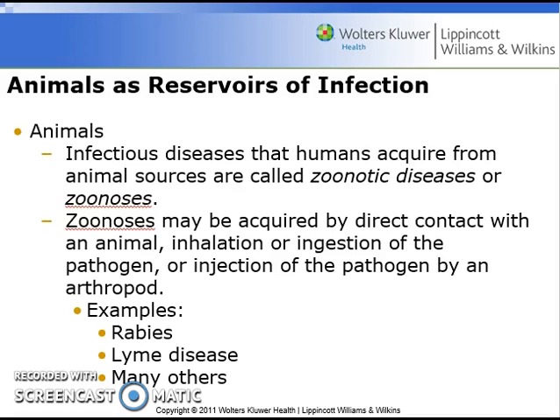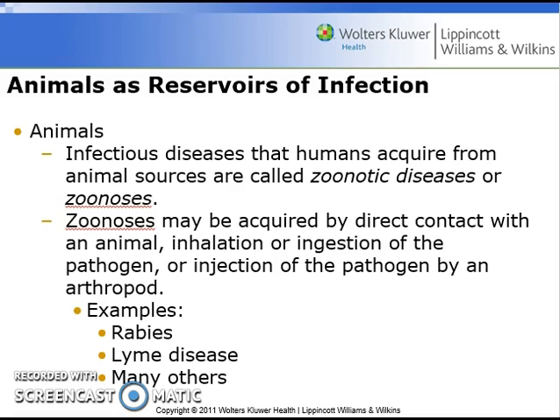An individual can inhale or ingest a pathogen from an animal, or receive an injection of the pathogen through an organism such as the arthropod group, which we know to be essentially insect vectors, arachnid vectors, or even some crustacean vectors that can transmit these diseases.